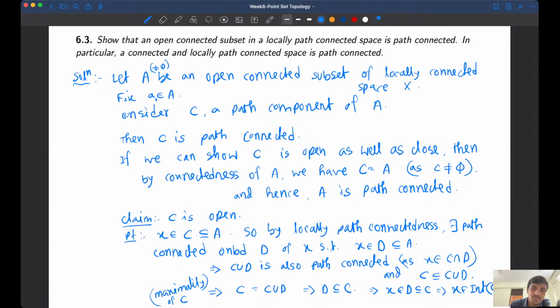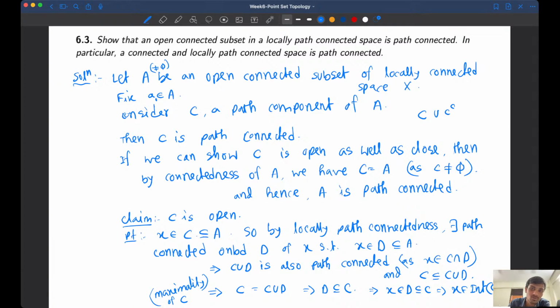Suppose C is both open and closed, then I can take C union C complement. They are clearly disjoint, so C and C complement give you a separation.